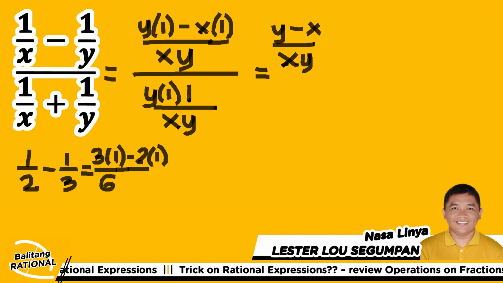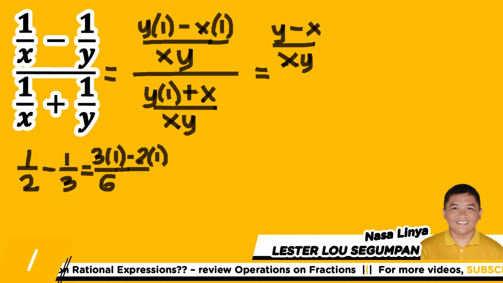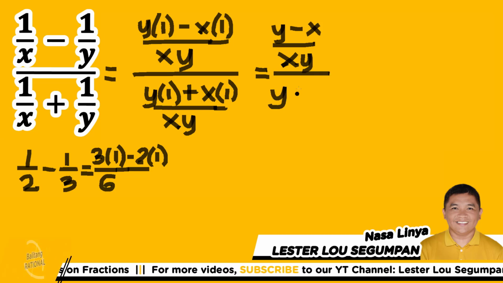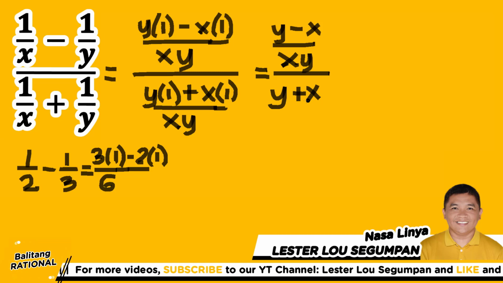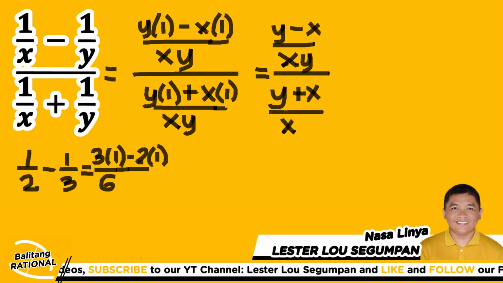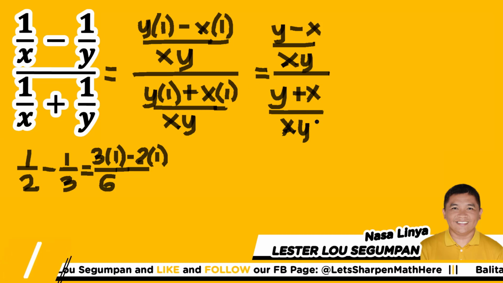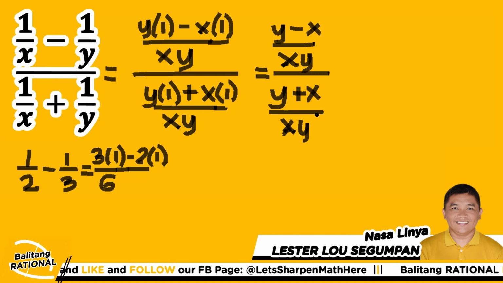Then, plus xy divided by y is x. That's the multiplier of 1. This would mean that here, it's y plus x over xy. Okay? So, dito na po, tapos na po nating i-combine yung mga rational expressions in both numerators and denominators, and we have this form here.